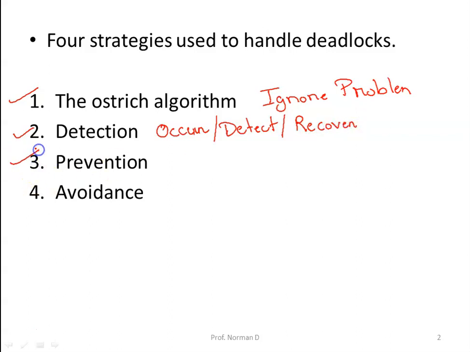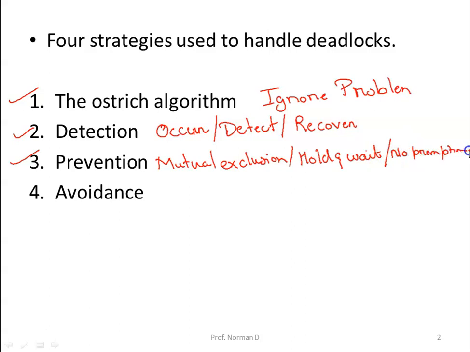Then we have deadlock prevention. Now deadlock prevention algorithm ensures that at least one of the necessary conditions, that is mutual exclusion, hold and wait, no preemption, and circular wait does not hold true.